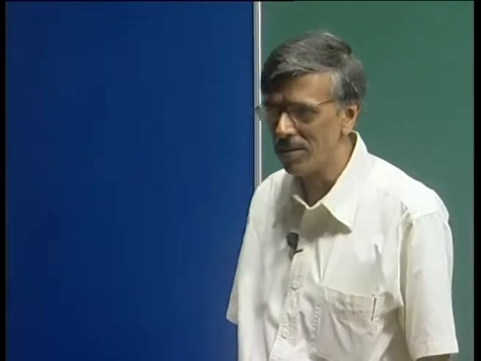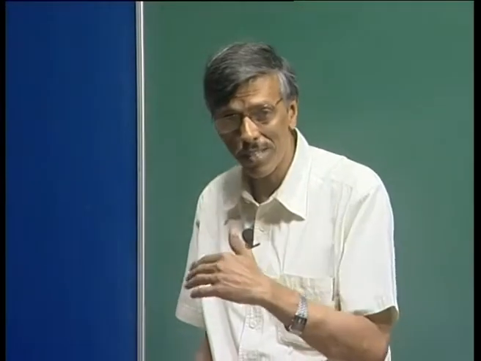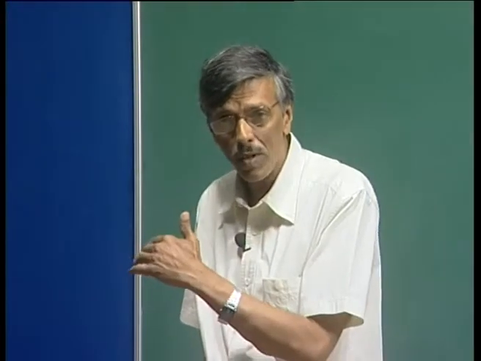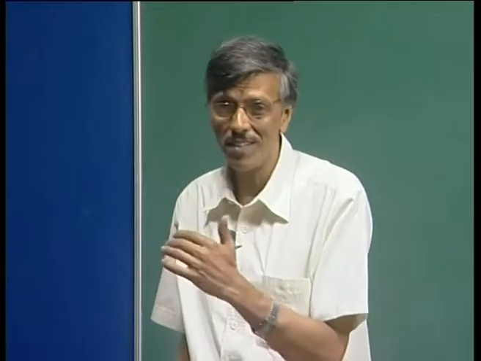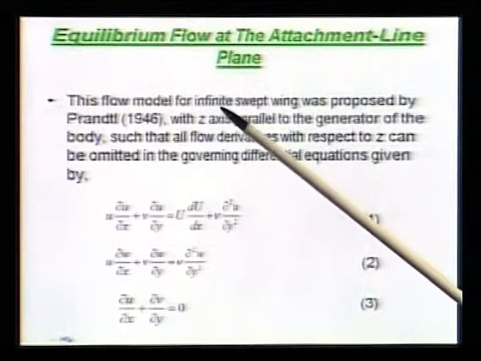So, that means what? You still have a flow in the geometric perspective in the z direction, but the variation with z is 0. That is your meaning of infinite swept wing.